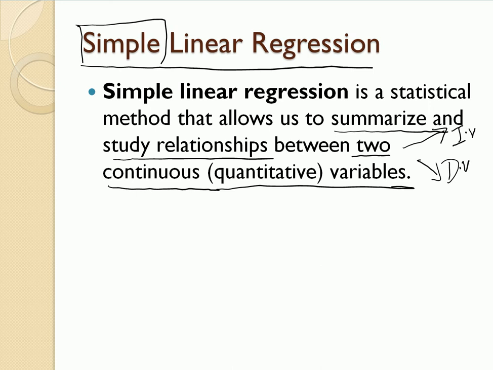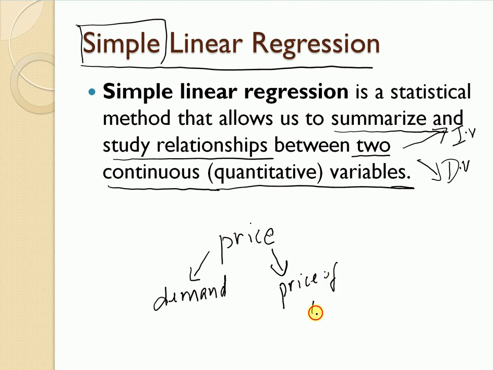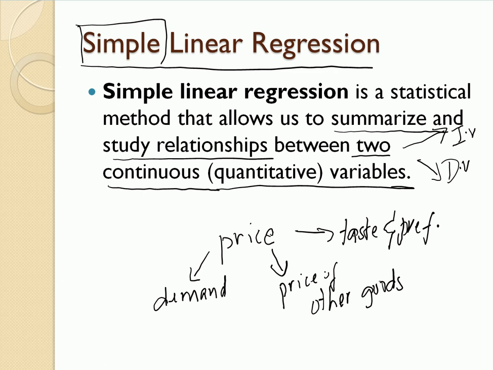For example, we can consider the price of a commodity, and the price of this commodity may depend on factors such as the demand for the commodity, the price of other goods, and even taste and preferences.